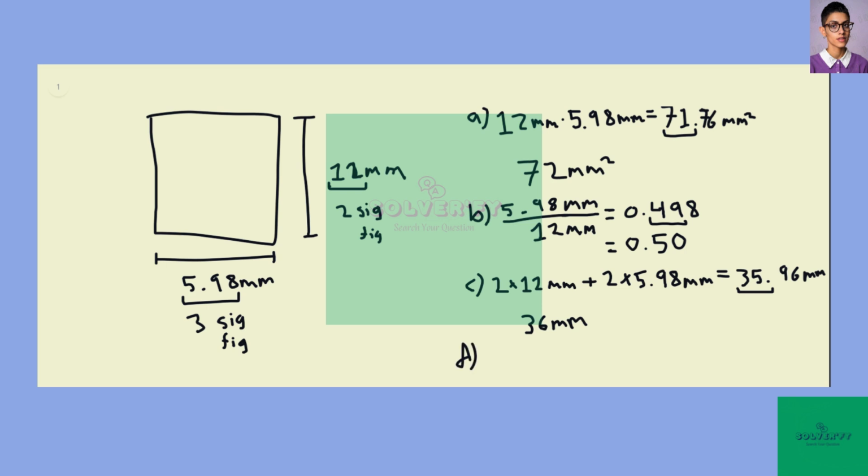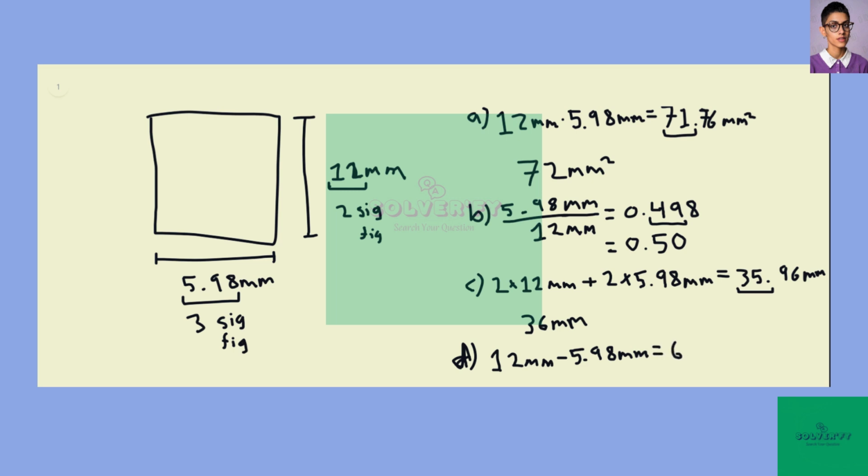And for the last quantity, part D, it asks us what's the difference between the length and the width. So the length was 12 millimeters minus the width.